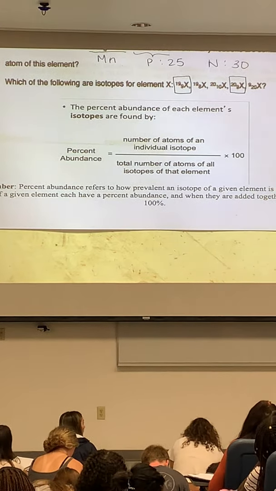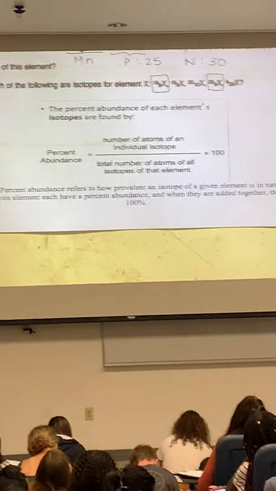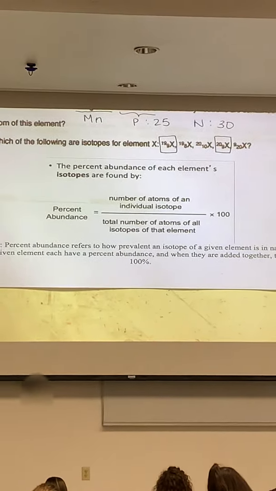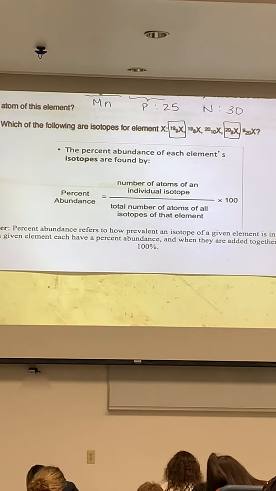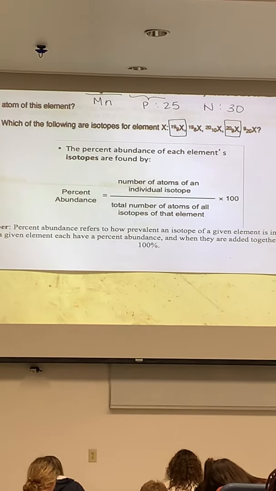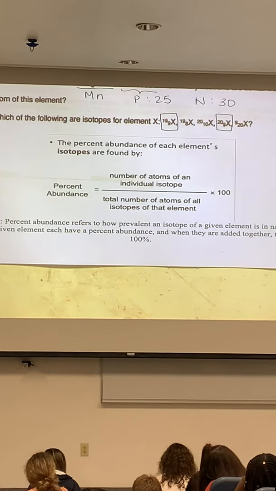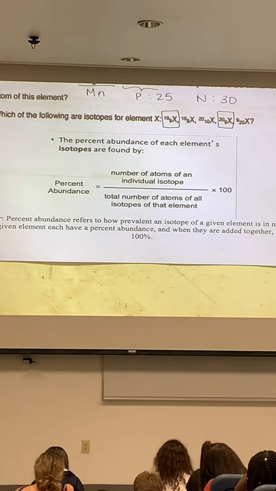So we're going to go through why that is. We've already said the number in the top left is your mass number. That is the number of protons plus neutrons. So if we're talking about isotopes, we automatically know those two should not be the same number. They need to have different mass numbers if they are isotopes of the same element.